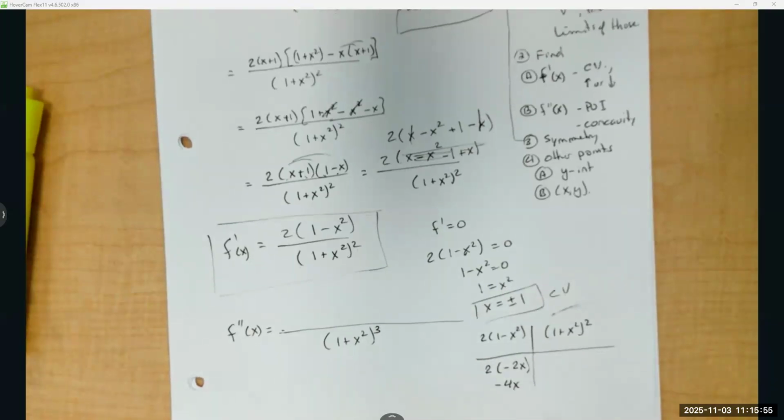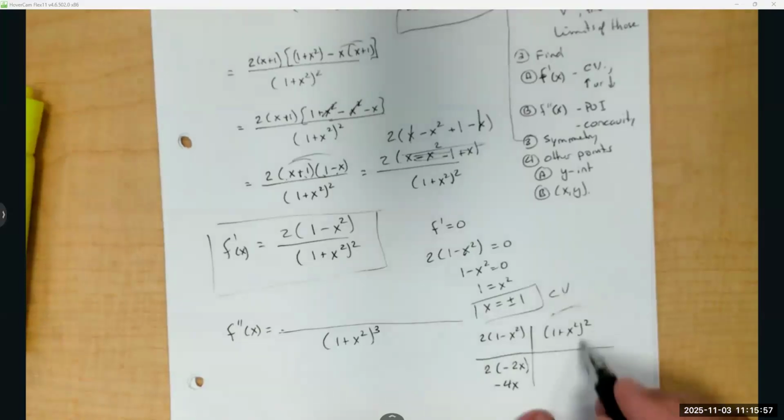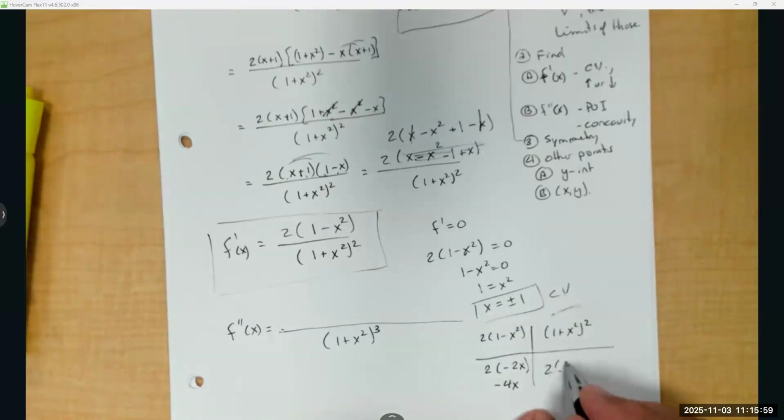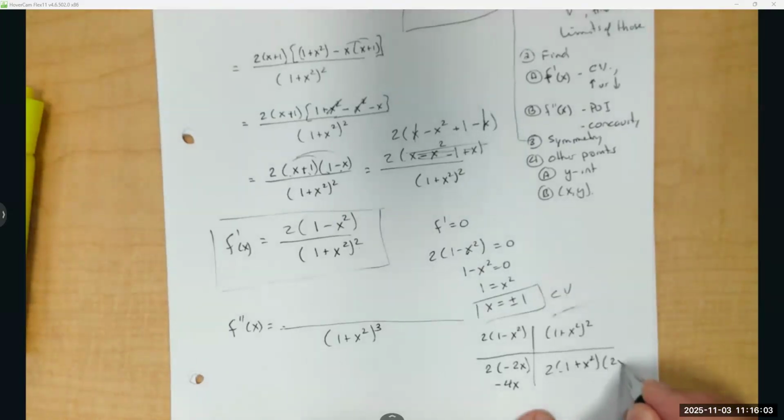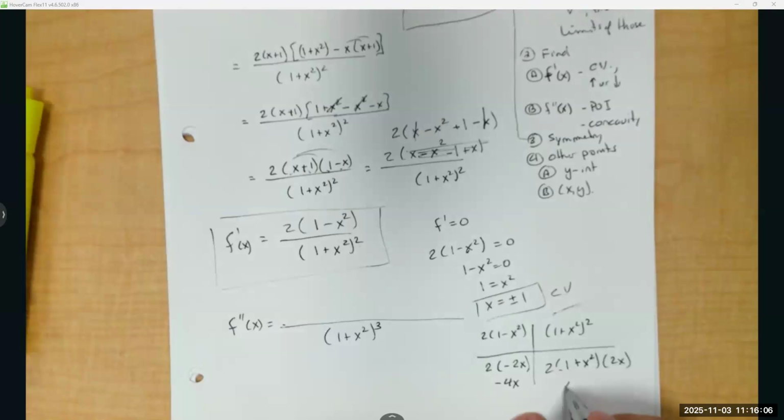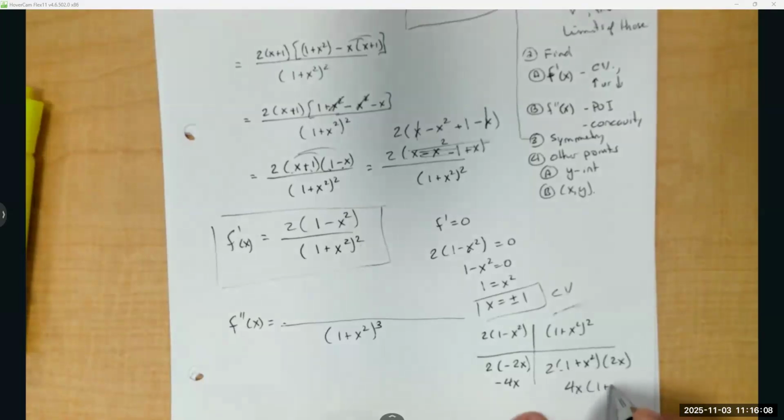So negative 4x. 2 times 1 plus x squared times 2x makes it 4x, 1 plus x squared.